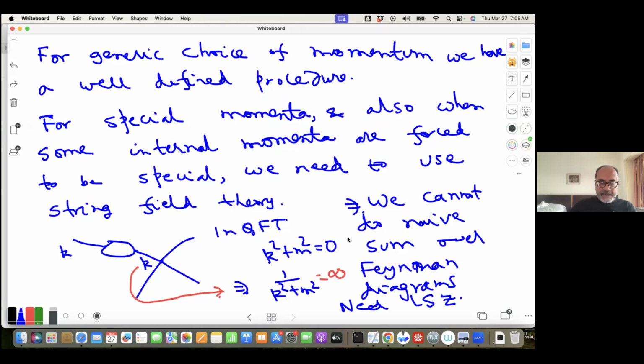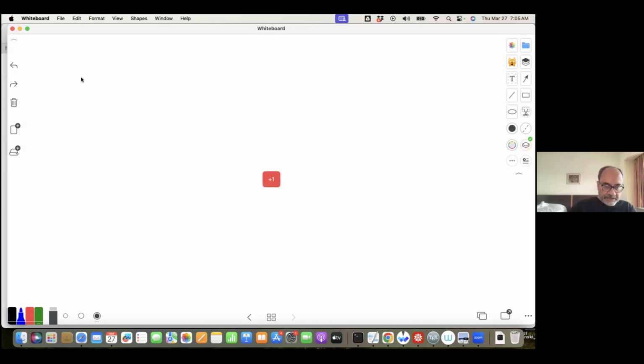And the point is that the standard worldsheet calculations basically do a naive sum over Feynman diagrams. So if we have a worldsheet like this, that divergence, for example, will come in the following way. Imagine that there's a one loop diagram. So imagine there is one vertex operator here and three vertex operators here.